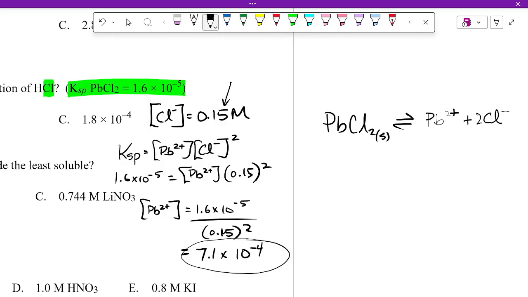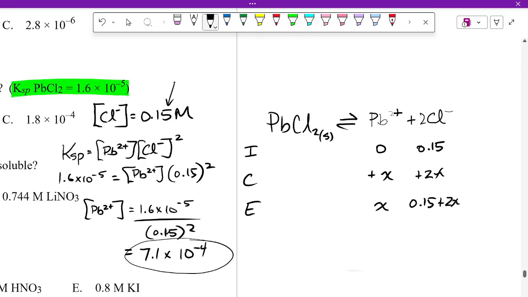If we say we have 0 here and 0.15 here, this is our initial. Our change in concentration is going to be plus x for lead and plus 2x for chloride. And our equilibrium concentration is going to be x and 0.15 plus 2x.